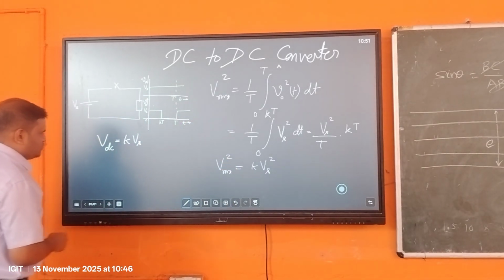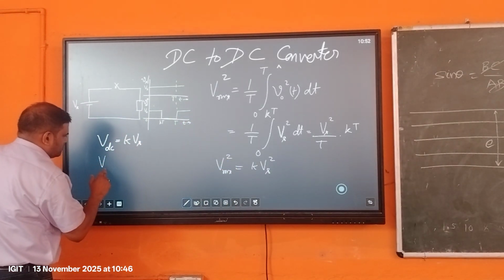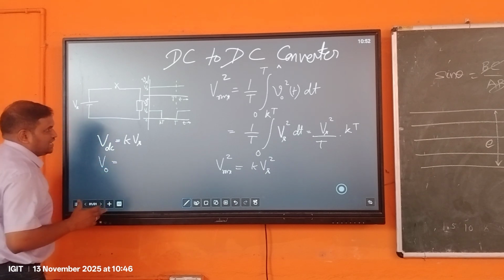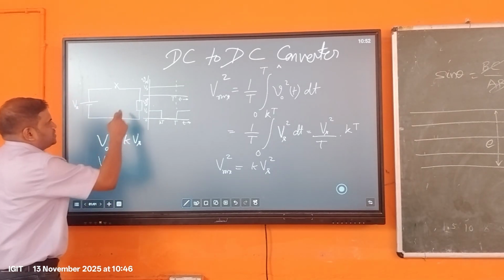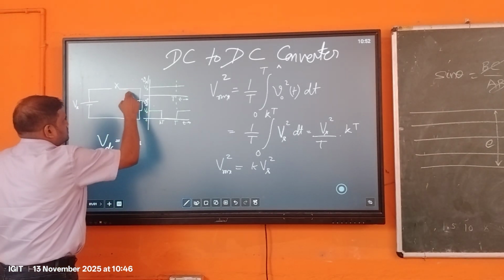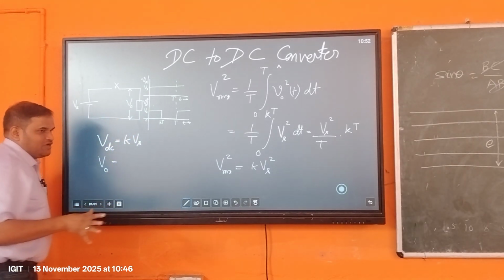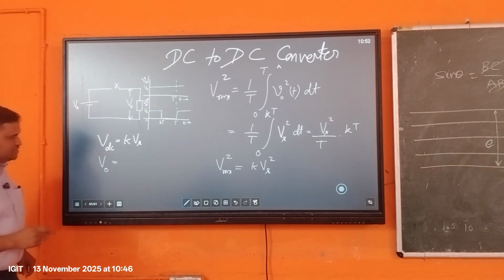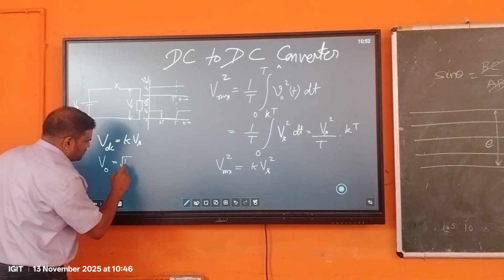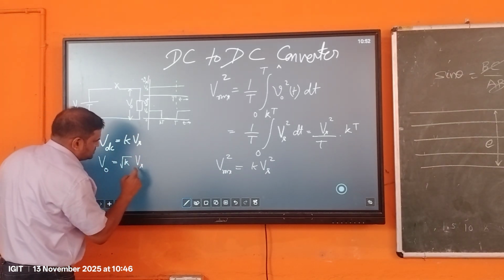So from this, what relation do we get? The RMS voltage is V0, and VDC is the DC voltage. So the RMS output voltage V0 is equal to root over k times Vs.